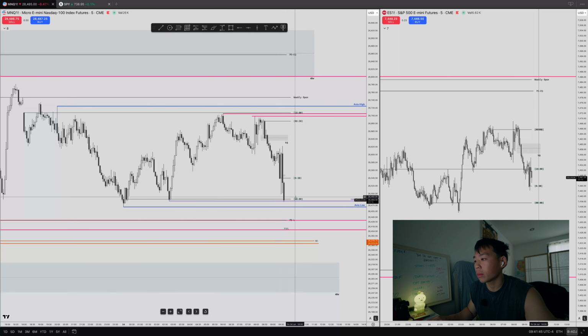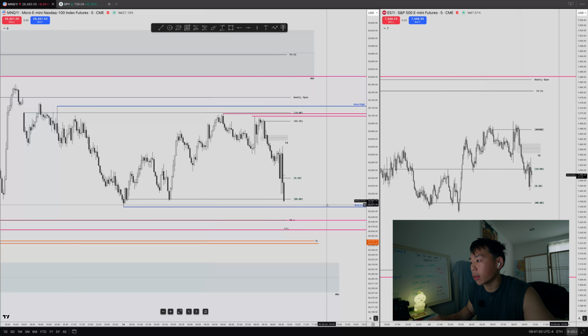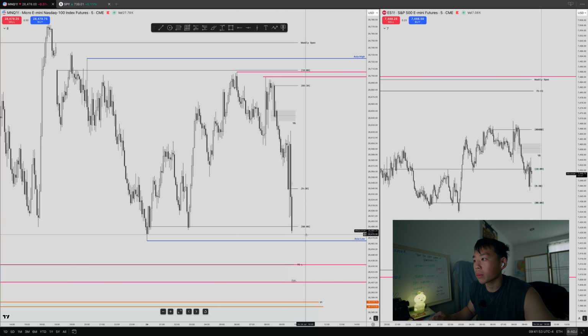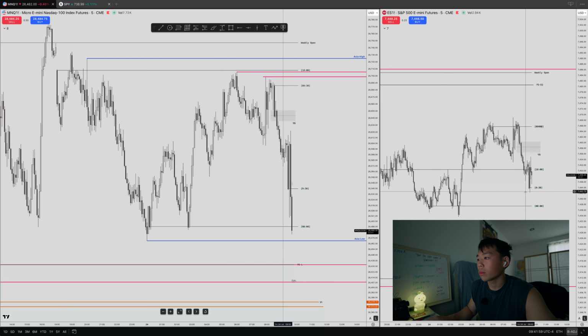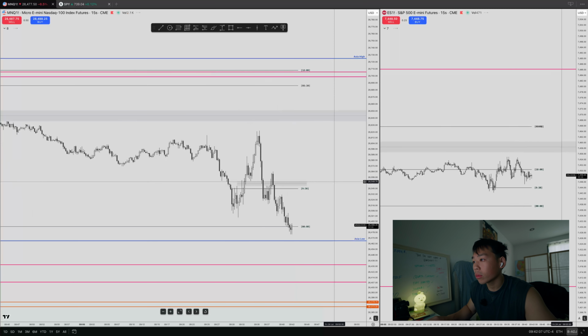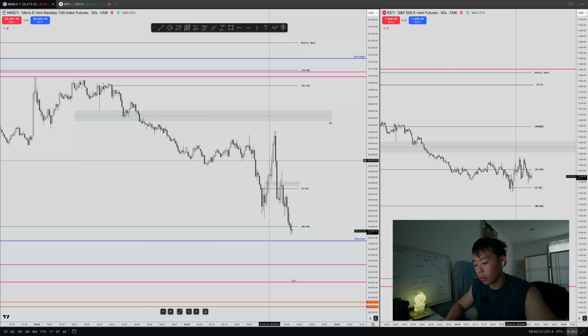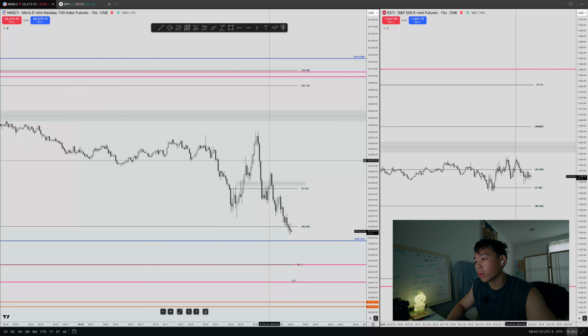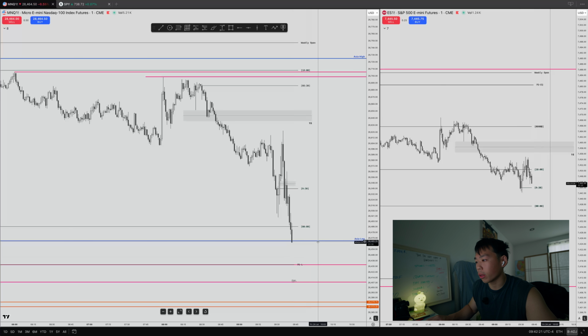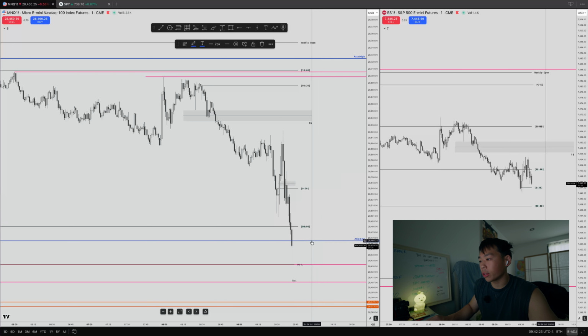All right, so London got hit. So it should make its way down to Asia now. Yeah, all right, so both lows get taken. Damn, tragic.